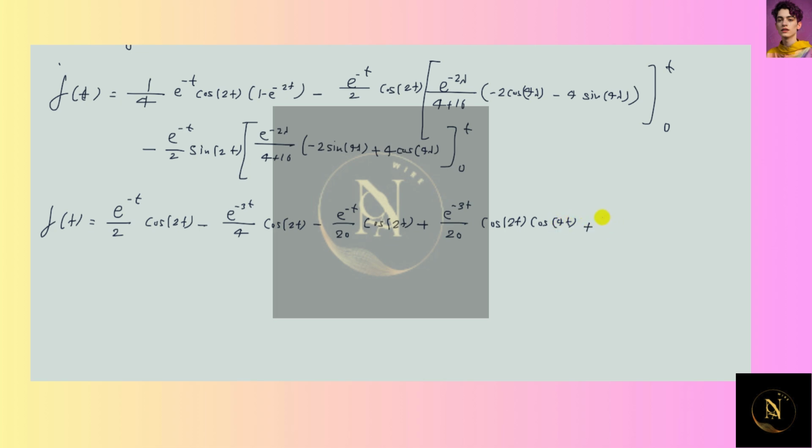and plus e to the power minus 3t divided by 10 multiplied with cos of 2t multiplied with sin 4t, and plus e to the power minus t divided by 10 multiplied with sin of 2t, plus e to the power minus t divided by 20 and sin 2t multiplied with sin 4t, and minus e to the power minus t divided by 10 multiplied with sin of 2t multiplied with cos of 4t.